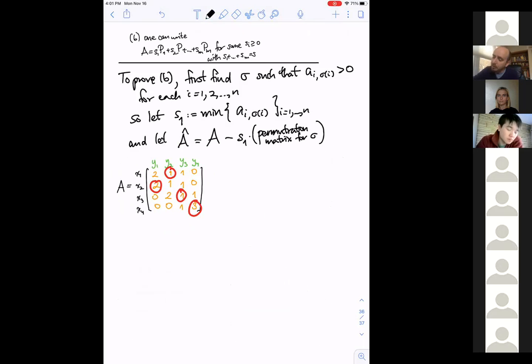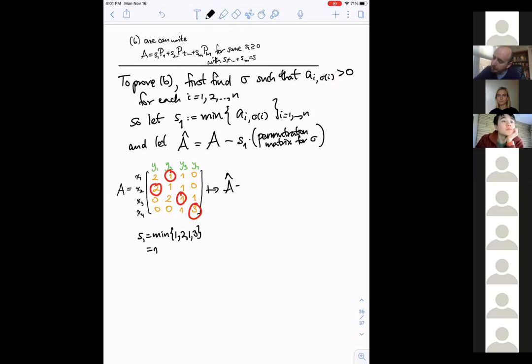Okay, so first of all, if these are my entries A_{i,sigma(i)}, the smallest one is a 1. So S1 is 1. It's the minimum of that 1, 3, 1, 2, 1, and 3.